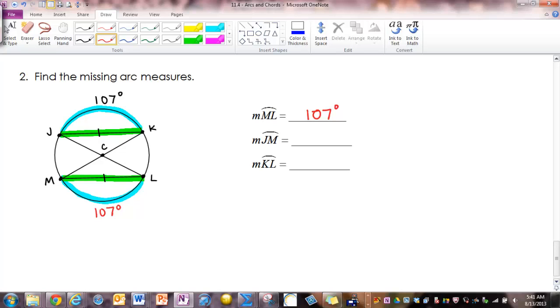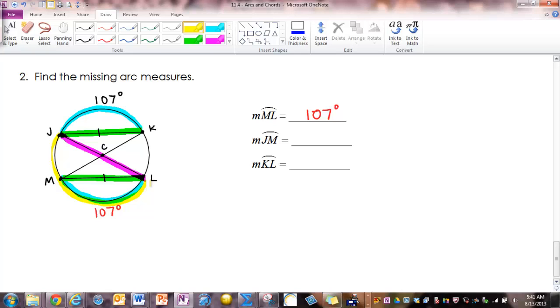Then we see arc JM. Now if you look really carefully, this segment, JL, is a diameter. So since it's a diameter, all the arcs on one side of that diameter, what I'm tracing in yellow, will add up to 180 degrees.